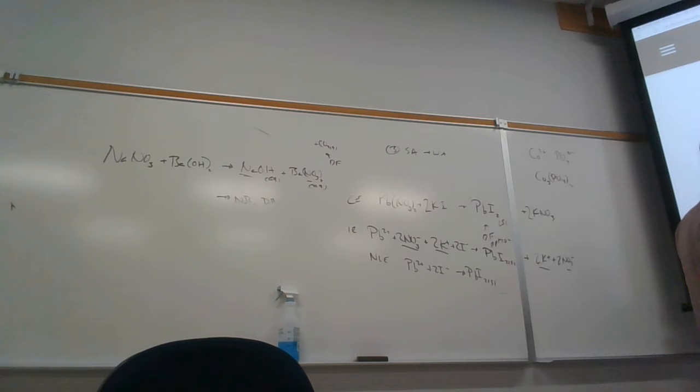Potassium nitrite, potassium sulfur soluble, and hydrochloric acid. And so this is going to form potassium chloride and hydrogen nitrite. Hydrogen nitrite is nitrous acid, so this will form nitrous acid as well. So we're going from a stronger acid, HCl, to a weaker acid, nitrous acid.